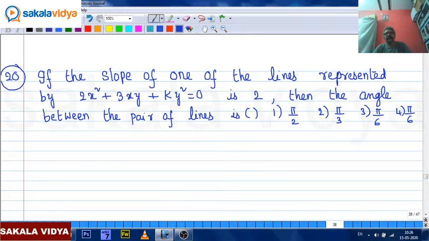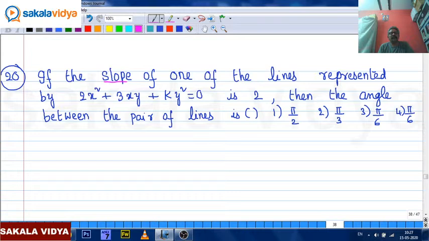As the slope m is 2, one of the lines becomes y is equal to 2x. If we substitute y is equal to 2x in the given equation, we can find the k value. After getting the k value, the angle between the pair of lines we can easily find out, as we then know the a value, h value and b value. So first we need to find out the k value here. Solution, let us follow.